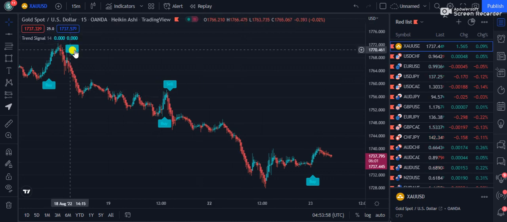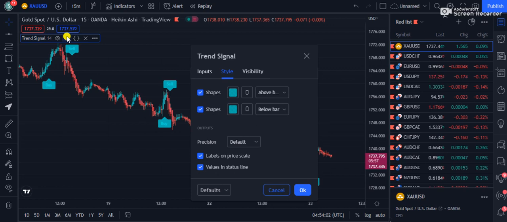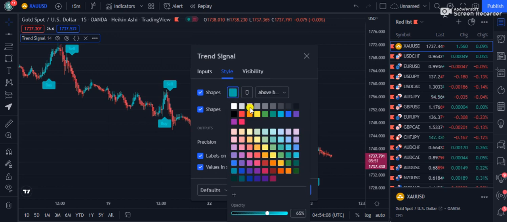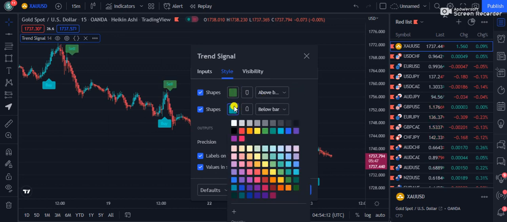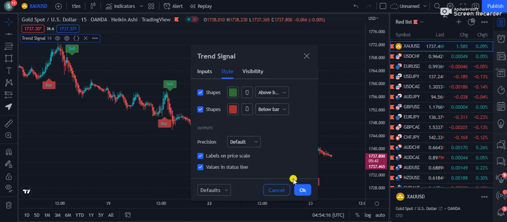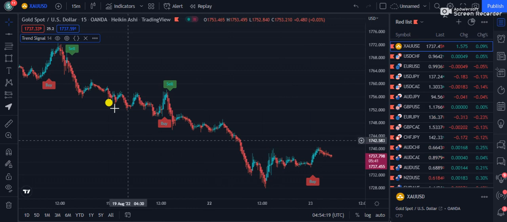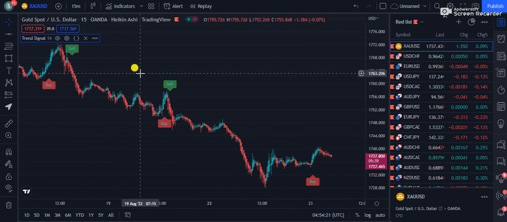Okay, the colors are not good, so I am going into the settings of this indicator, and it is asking what color you want to use above bar. So I am going to give it a green color, and for the sell I am going to give it a red color, right? Okay, now I press OK. Now you can see the chart looks very decent.